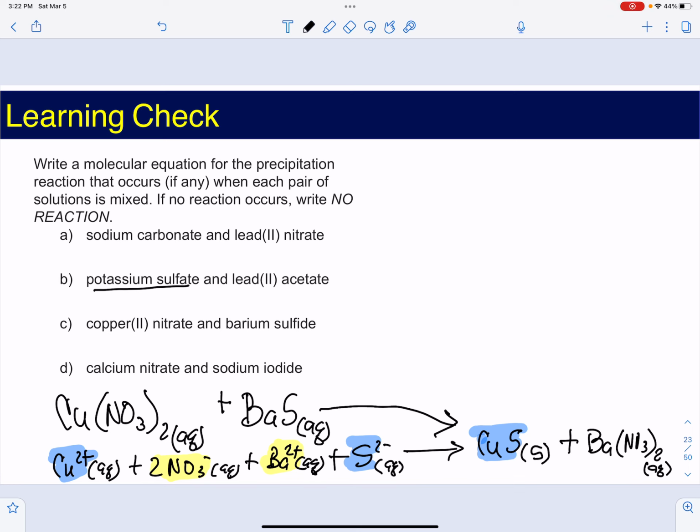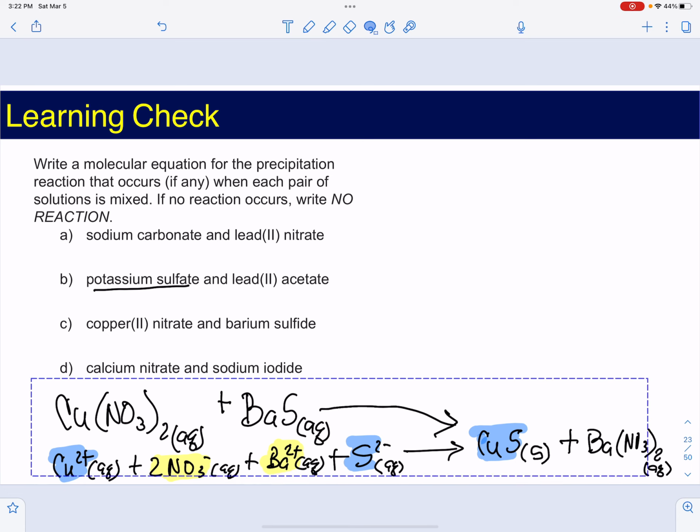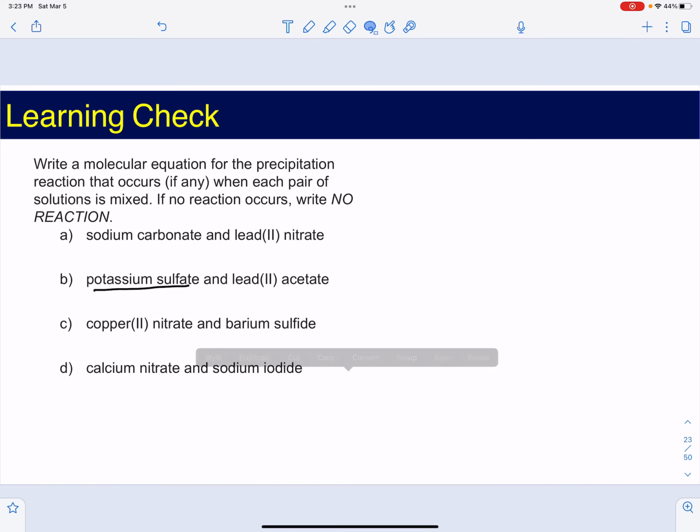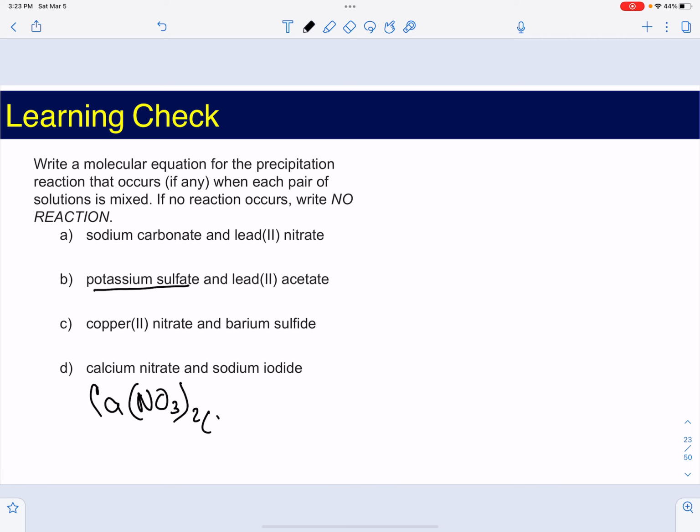So far, all three have produced precipitation. And then I go into the last one. And the last one is going to be calcium nitrate. So the formula should be that, which I know is soluble, combining with sodium iodide, which I know is also soluble.